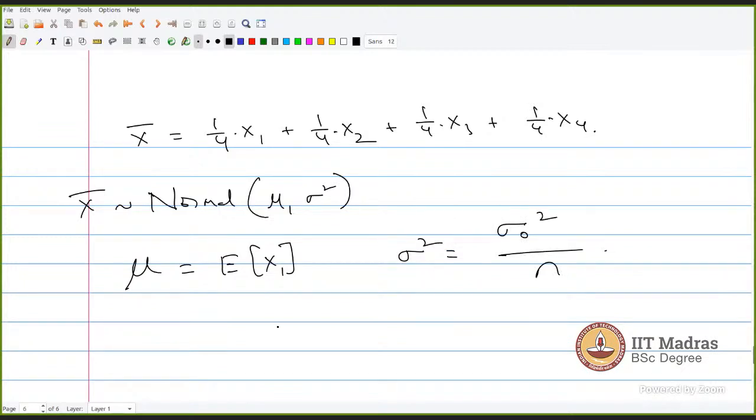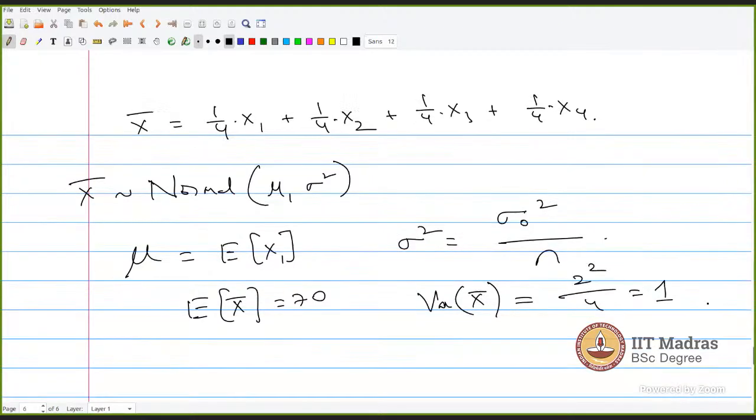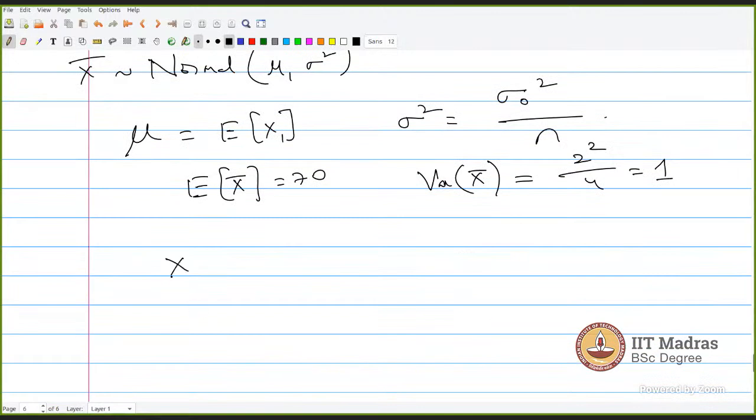From here they get the expected value of x bar as 70, and the variance of x bar, with sigma naught square being 2 square, divided by 4, is 1. So x bar is normal with mean 70 and standard deviation 1. The distribution is centered at 70 with standard deviation 1.